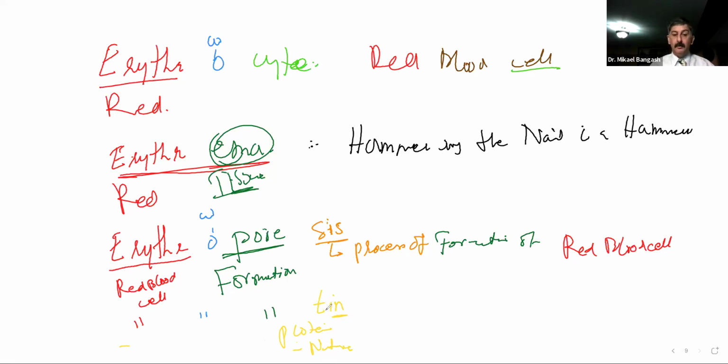And a hormone is going to stimulate the production or formation of red blood cells. So your body produces a substance called erythropoietin.